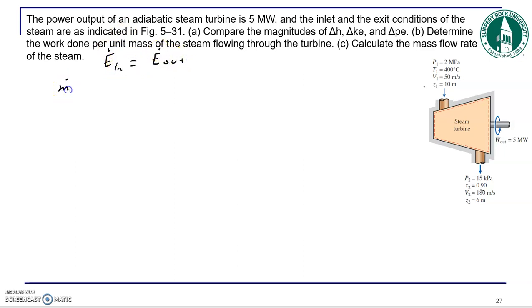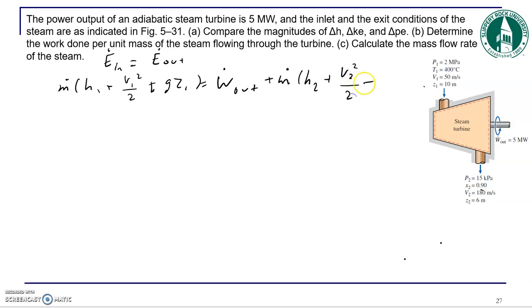So m dot times (h1 plus v1 squared over 2 plus g z1) is equal to, we have also a work, heat is 0, m dot, and m dot in is equal to m dot out, because again this is a steady flow system, times (h2 plus v2 squared over 2 plus g z2).